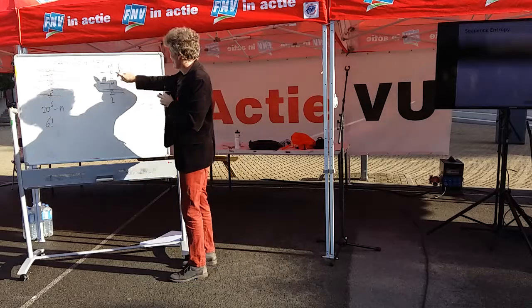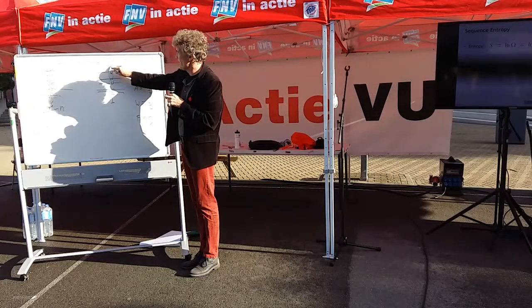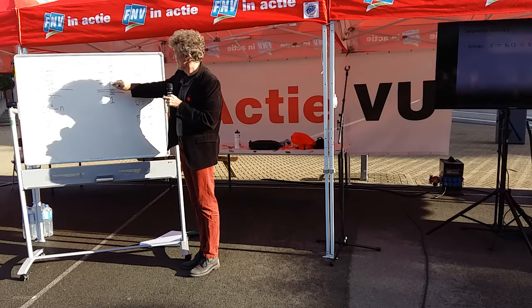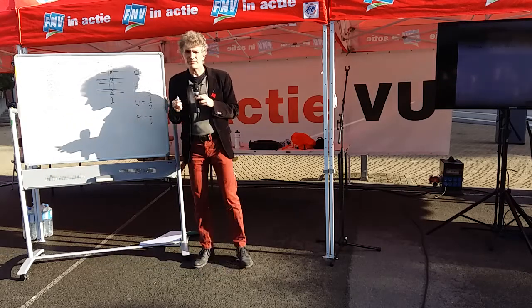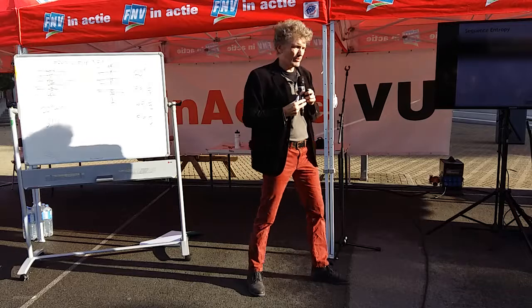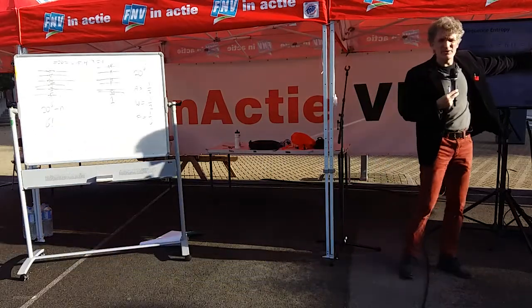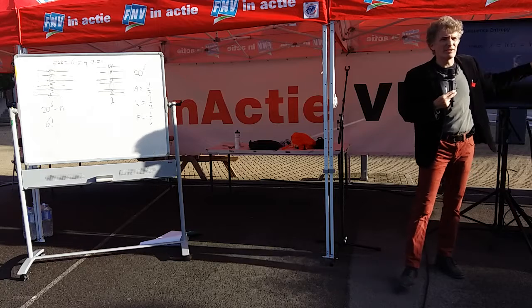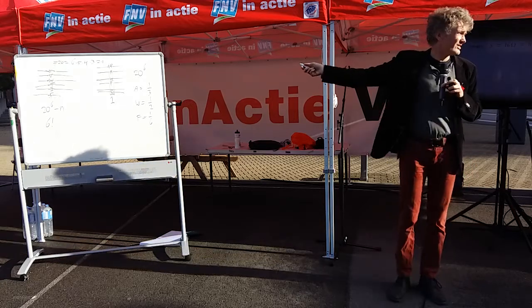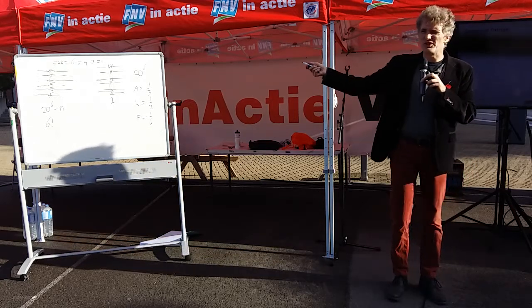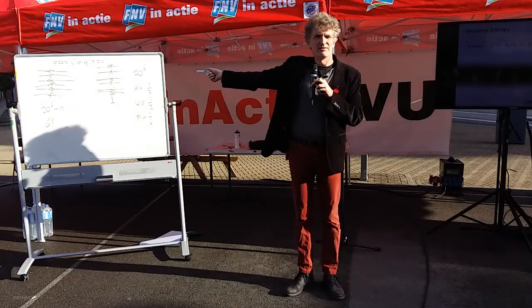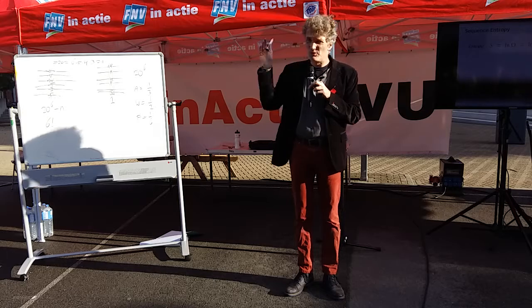I'll take this example again. A and F. So if x's are different amino acid types, what is n of x? What is n alanine? So what is the n alanine? 2, right?